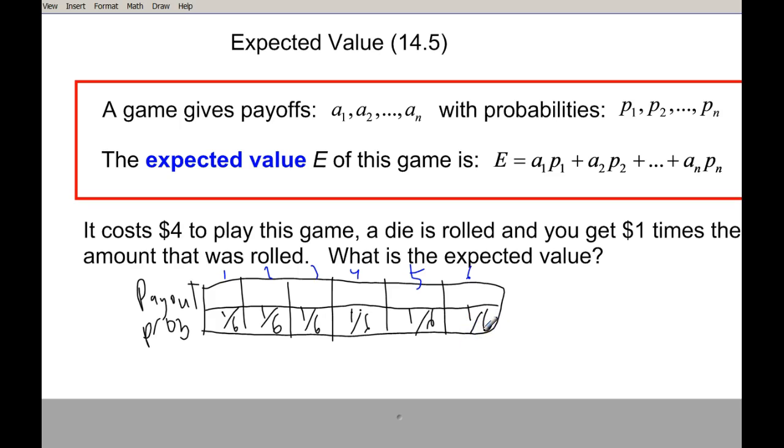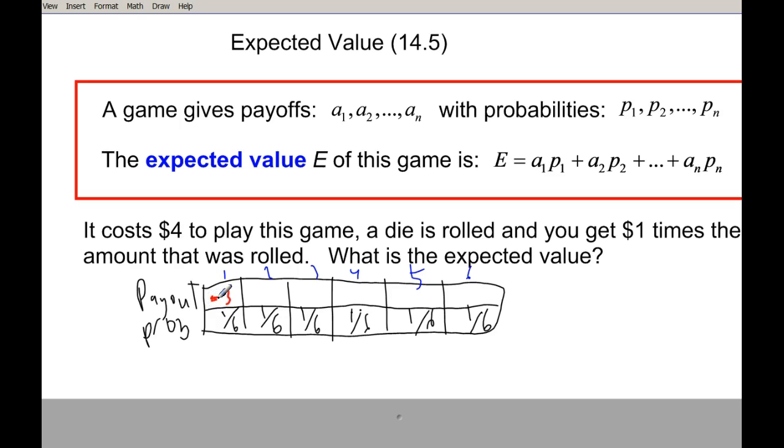Actually, the hardest part about doing expected value is the payout, because it's not as easy as just saying, well, you get $1 if you roll a 1. Because it costs $4 to play, you actually don't get $1 when you win. You're starting $4 in the hole, and you get $1 back. So in my book, that would be -$3.